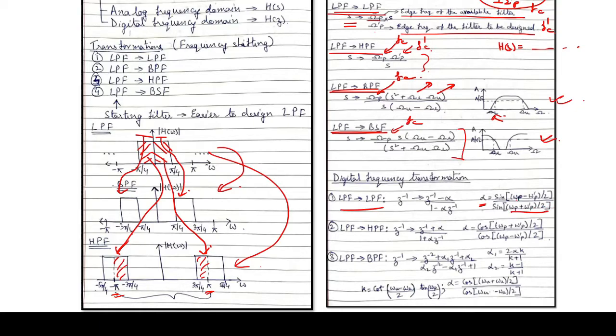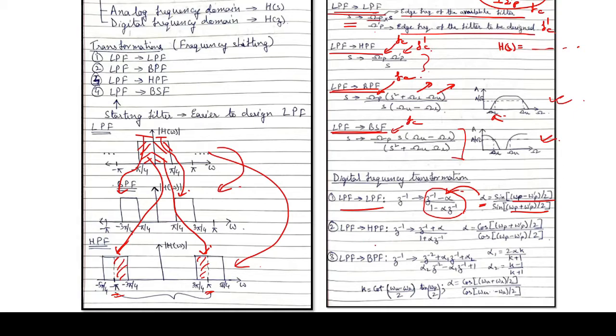You put this in, and whatever fraction results, you put it in place of Z inverse. That will convert your low pass filter to a low pass filter of the desired frequency.